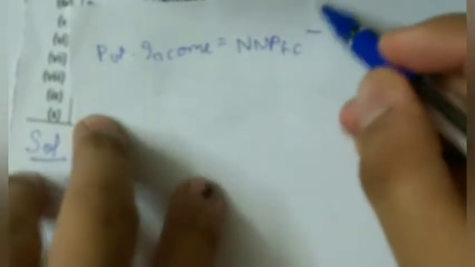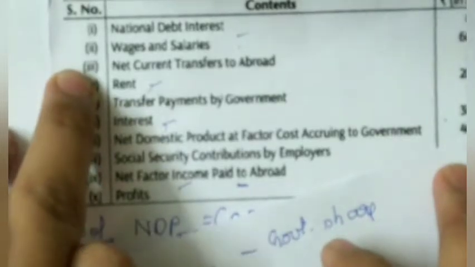So private income is equal to NNPFC, national income, minus government share, factor income to government, plus national debt interest, plus NDI, plus net current transfers from abroad, which we need to add.